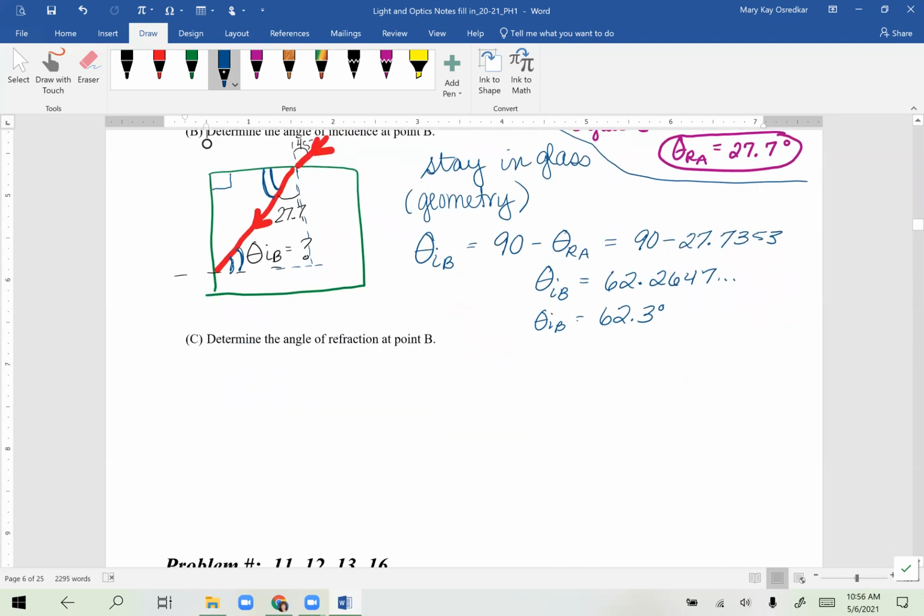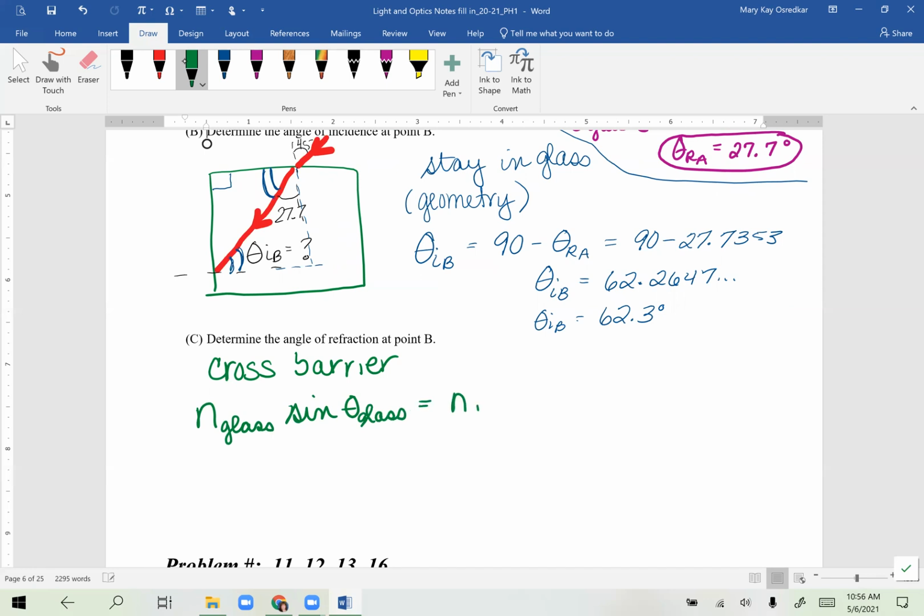All right. Determine the angle of refraction at point B. Okay, at point B, if we're talking angle of refraction, aren't we going to cross the barrier? So we need Snell's law. So we're going to be able to say n for glass, sine of the angle in the glass, equals n for air, sine theta in the air.